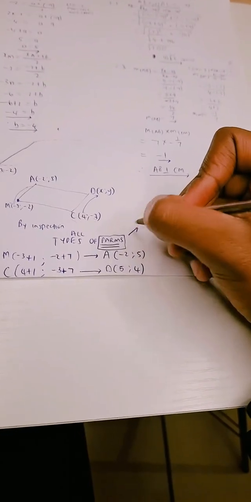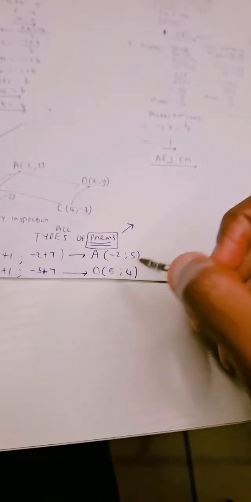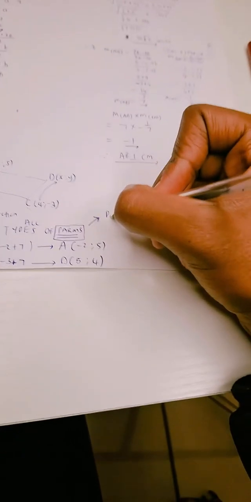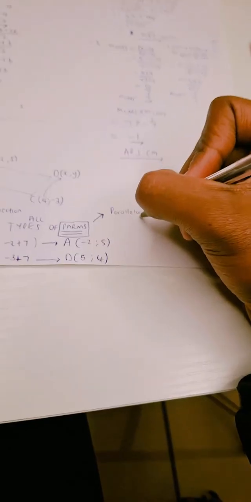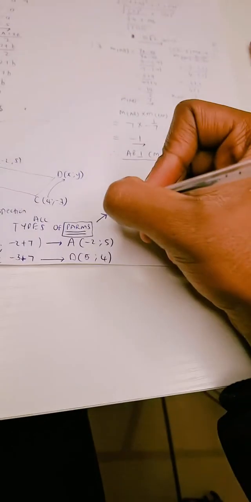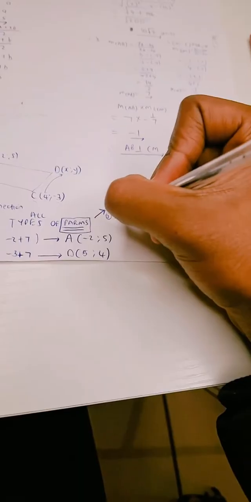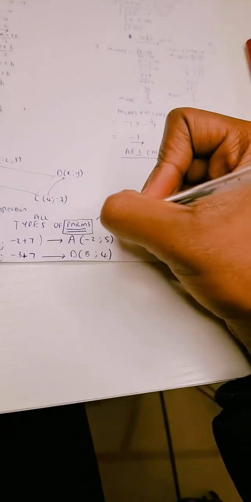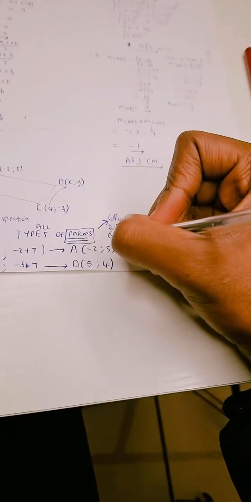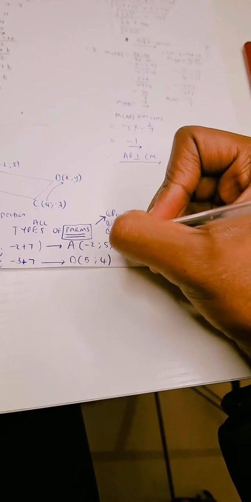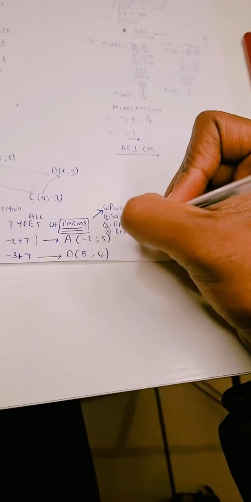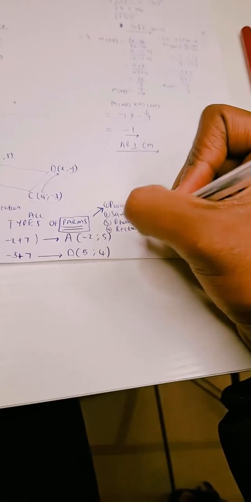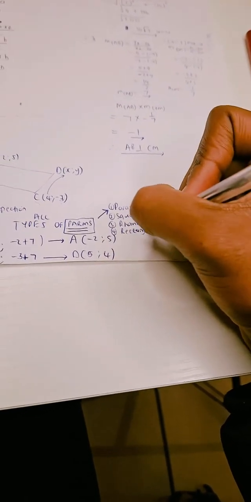Now, in quadrilaterals, guys, we have these as being types of parallelograms. Obviously, your parallelogram is a straight up parallelogram. Two, your square is a type of parallelogram. Three, your rhombus is a type of parallelogram. And then four, your rectangle is a type of parallelogram.